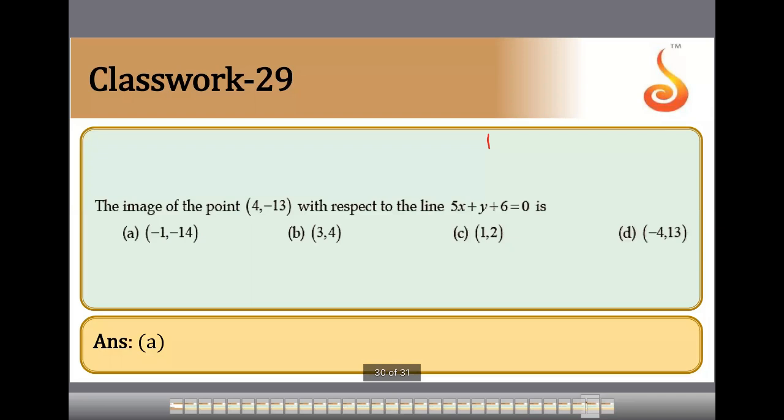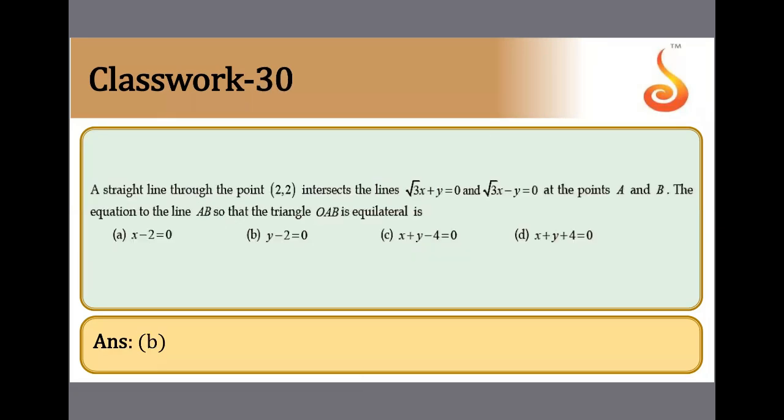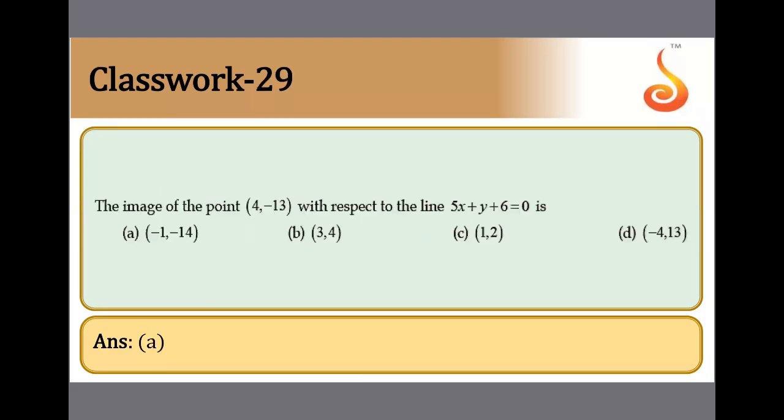You want to solve from first? Okay, I'll solve for you. (h minus x1) by a equal to (k minus y1) by b equal to minus 2 times (a x1 plus b y1 plus c) by (a square plus b square). Is it clear now?